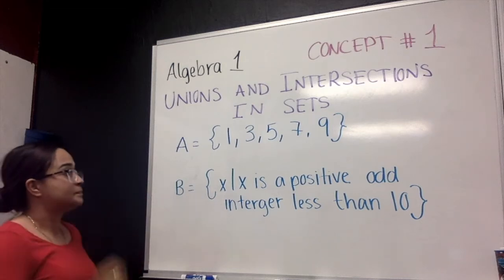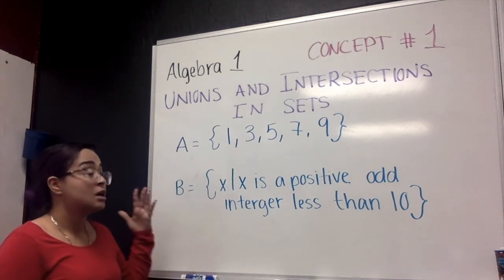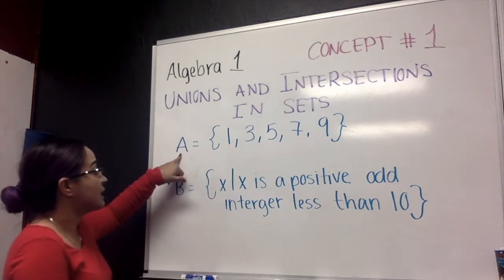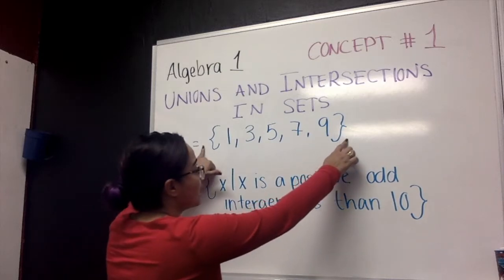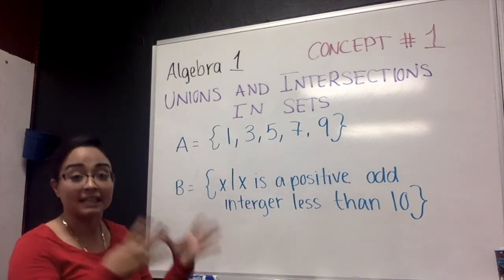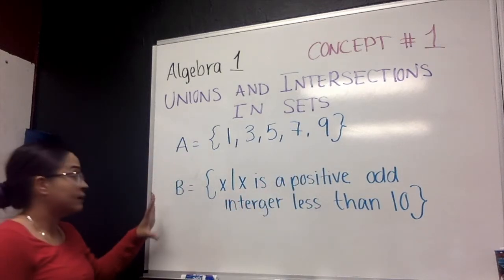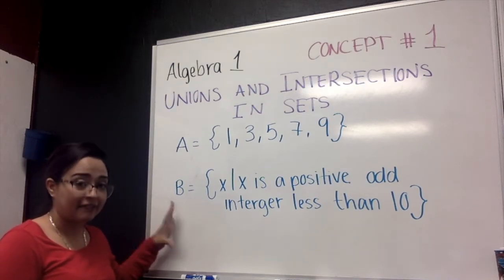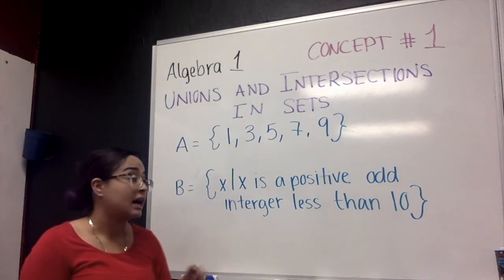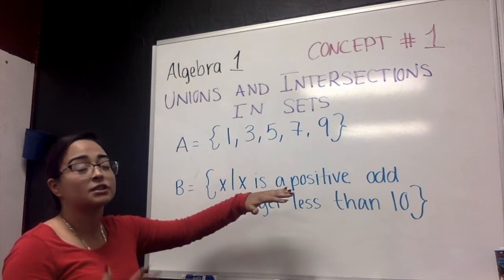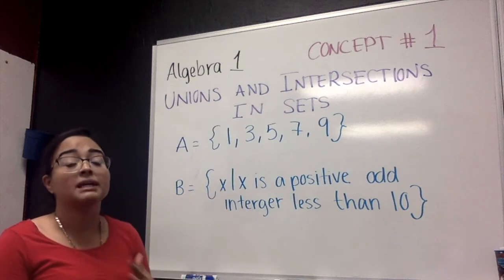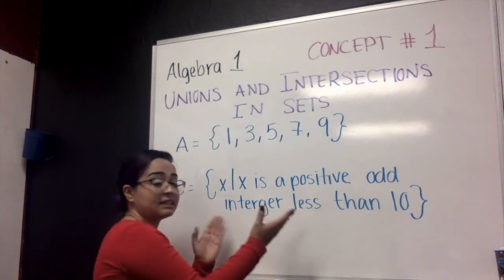Anyways, here we have two sets. The numbers we have for A are in brackets because that's a list of numbers. That's the set. Now, for B, I don't have numbers, but I have a variable with certain characteristics that this variable has to have, so it can be any of the numbers that fit this characteristic.